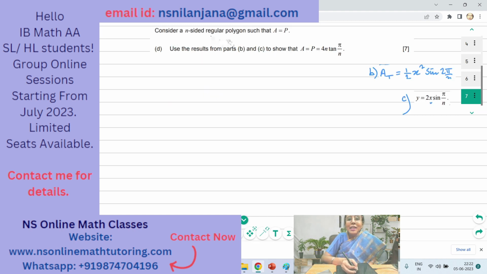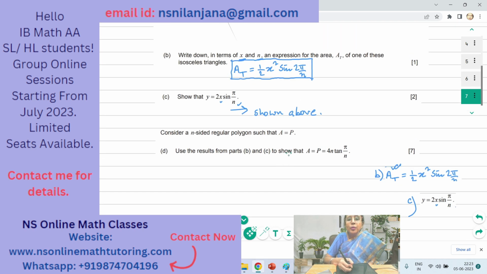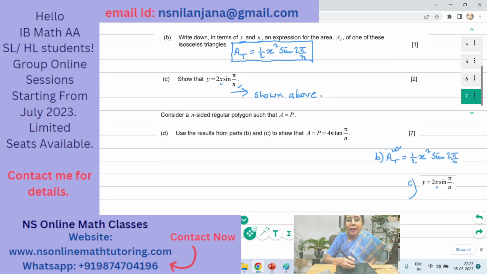Consider an n-sided regular polygon such that A is equal to P, and the question for subpart D is: use the results from parts B and C to show that A equals P equals 4n times tan pi by n. This is the result of B; subpart B had asked us to get the area of one of the isosceles triangles, which we had found to be equal to this expression.